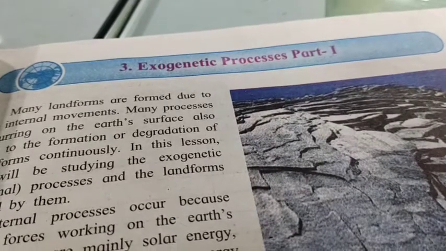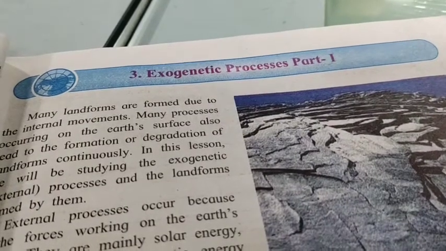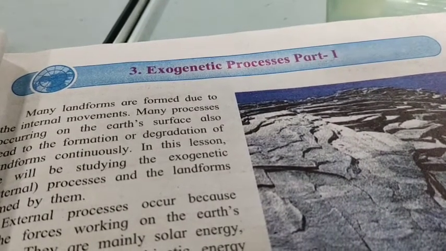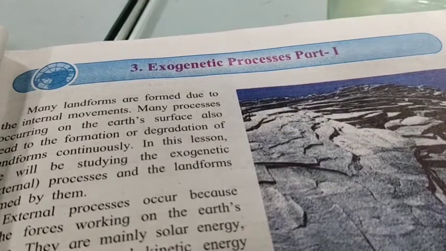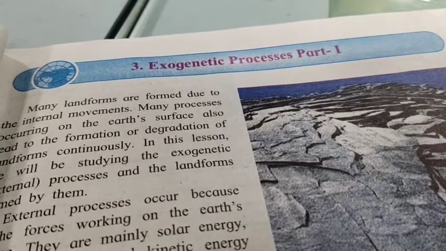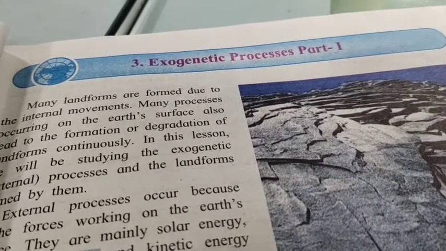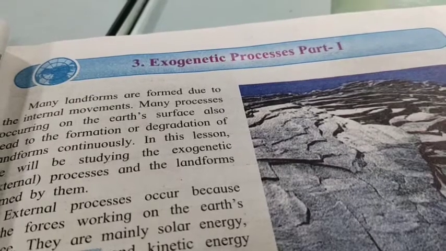So yesterday, children, we tried to understand the factors. We learnt about the factors that were responsible for the exogenetic processes. What are exogenetic processes? They are external processes. We understand by the word exogenetic that it means external.